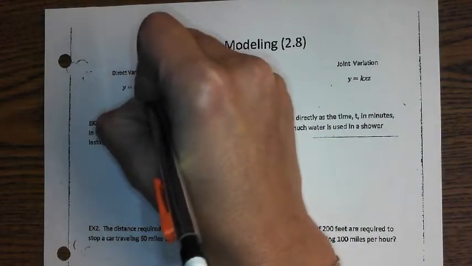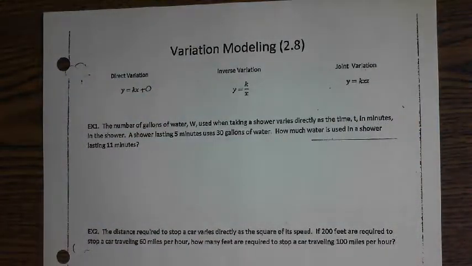So it has to be plus 0. If it's plus another number, it's a linear relationship, but it's not direct variation. So it has to go through the origin, meaning if there's 0 of one thing, there has to be 0 of another. So that's direct variation. Remember that formula, y equals kx.